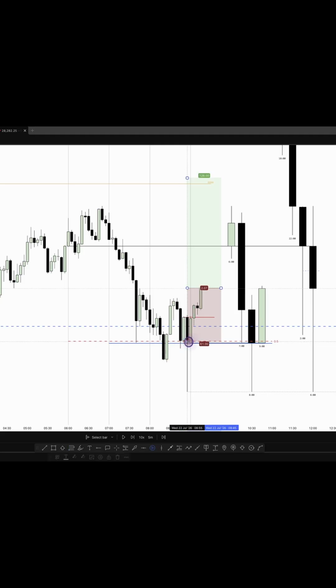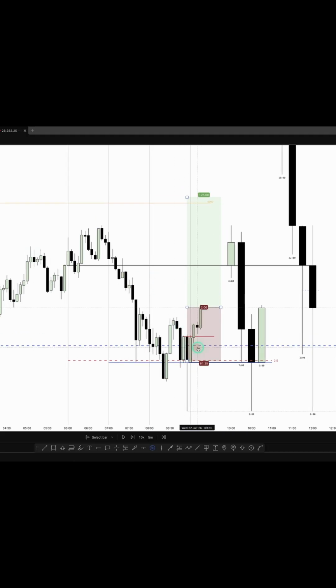You can place your stop loss around the midpoint of the order block, or you can put it below there, or you could put it below the blue line. I don't know, I think I put it around here. Let's say I put it there, but you could put it below the blue line. Or you could put it here, and then just shoot for 2R.